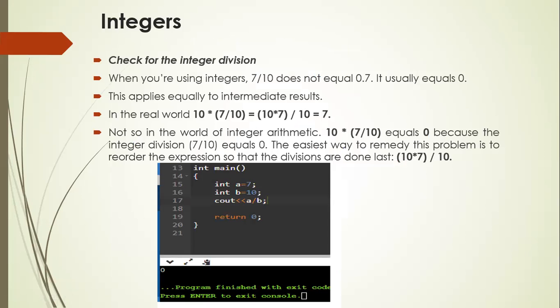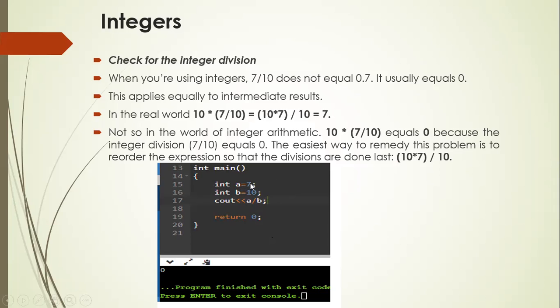Okay, next comes our integer. How we have to use integer. We have to check for the integer division. When you are using integers, like suppose 7 by 10, this does not equal 0.7. Although in the arithmetic world, 7 by 10 equals 0.7, in the programming world, it does not. Here I have made a program with a equals 7, b equals 10.